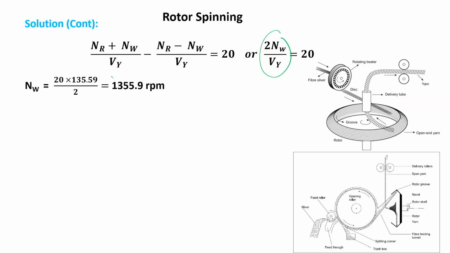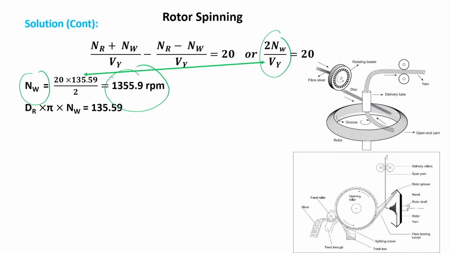Vy, that means delivery speed, is known, which is 135.59. So the withdrawal RPM will be 1355.9 RPM, that is the withdrawal RPM Nw, and pi dr Nw will be the delivery speed.